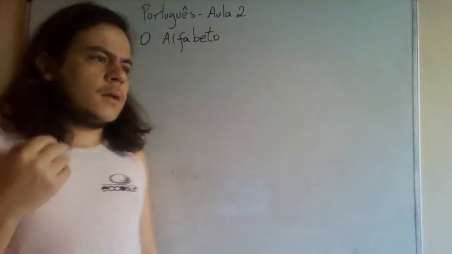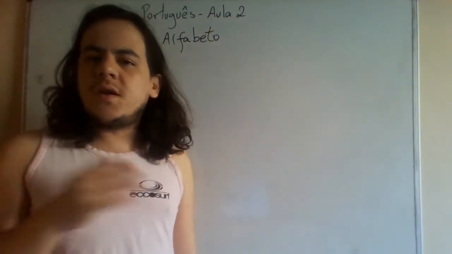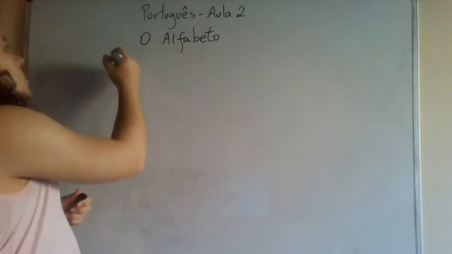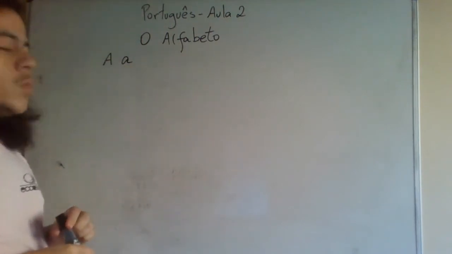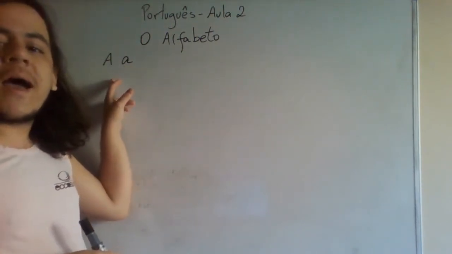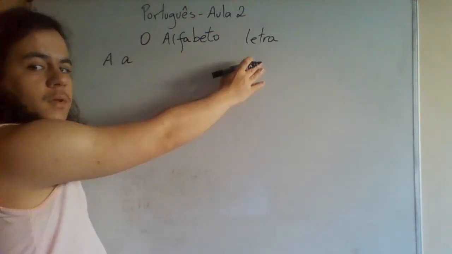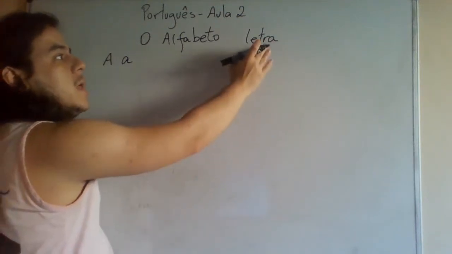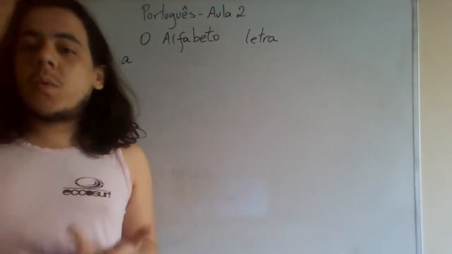The first letter, and I believe it's the first letter in any alphabet, is the letter A. In Portuguese, we call it A. Letra A. So letter A, Portuguese, letra A. So letra A is a vowel.